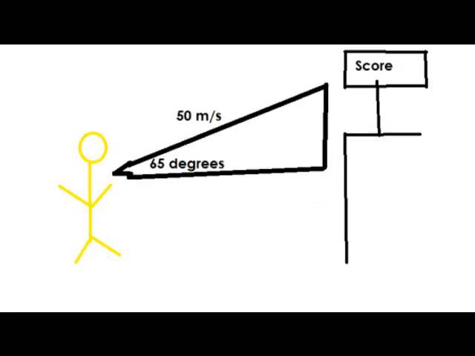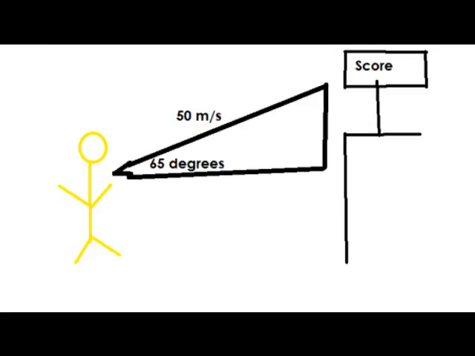First, we need to find Viy and Vix. To find Viy, we would do 50 times the sine of 65, which equals 45.3. To find Vix, we would do 50 times the cosine of 65, which equals 21.1. Next, we need to find time with the y stuff.